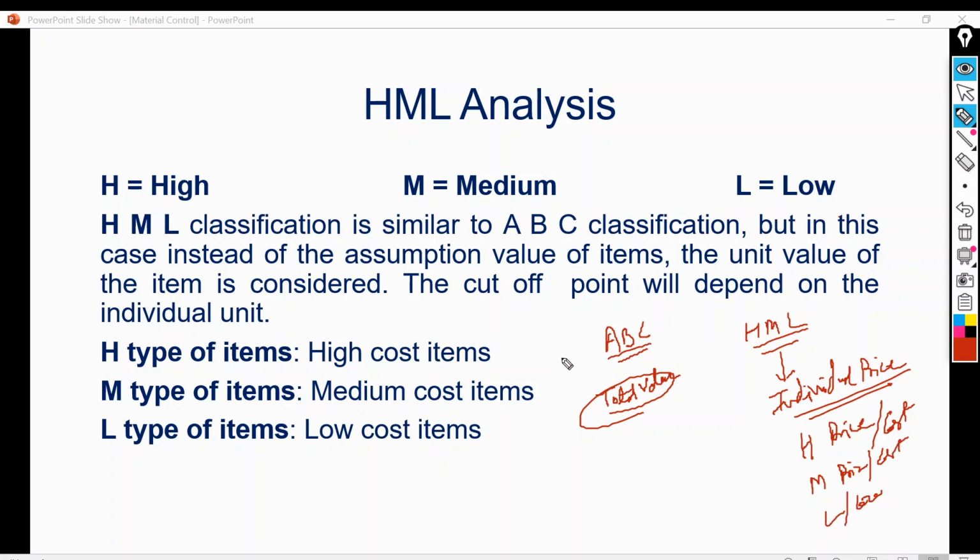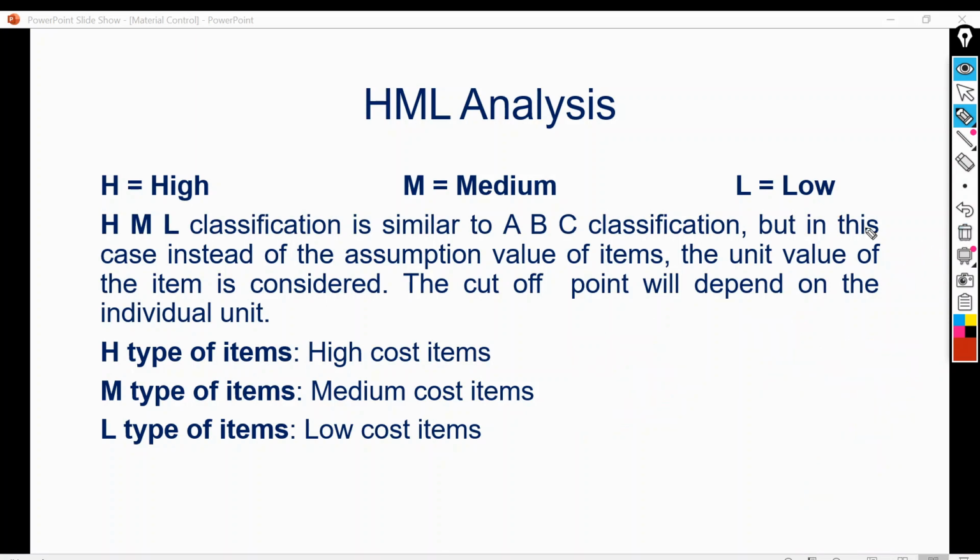Means under ABC analysis the total cost of inventory is considered, but in HML, high, medium and low, we consider the price of individual item, individual goods, in respect of HML analysis.